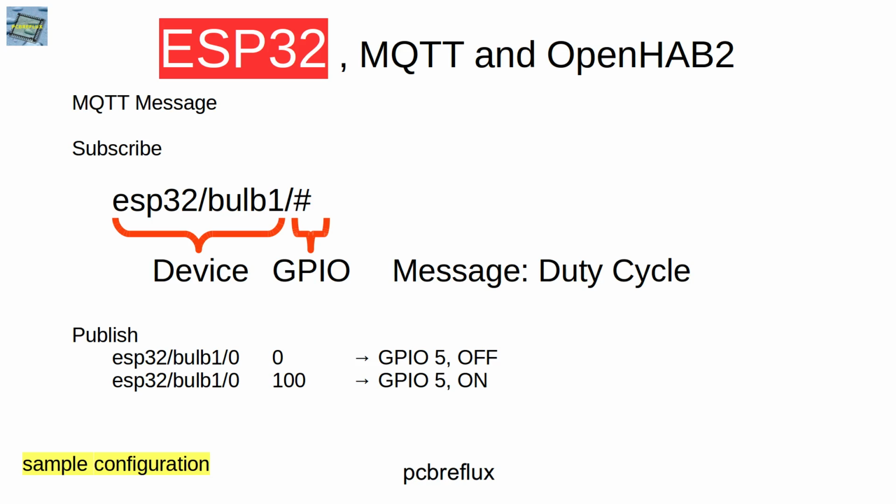We use 100, so GPIO port 5 is switched fully on. And then the next topic goes to the GPIO port identified by 1, and it's only half on and half off. So this is for GPIO port 18 with a 50% duty cycle, and so on.